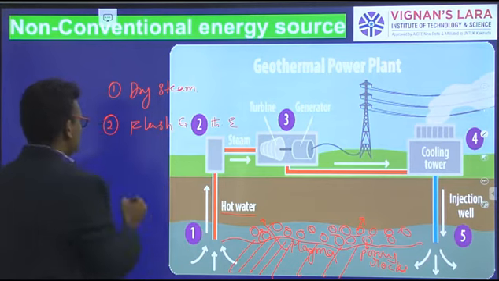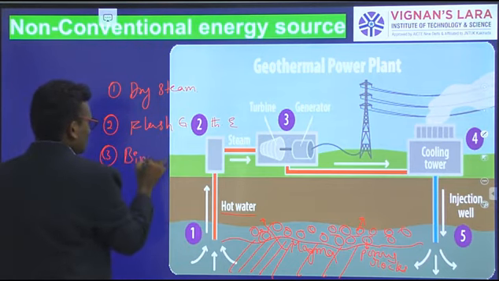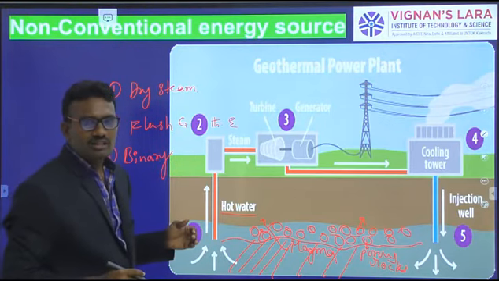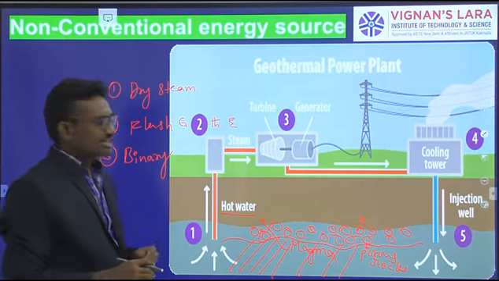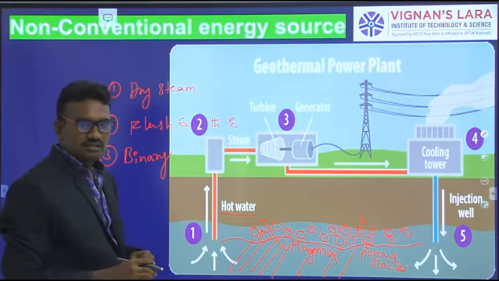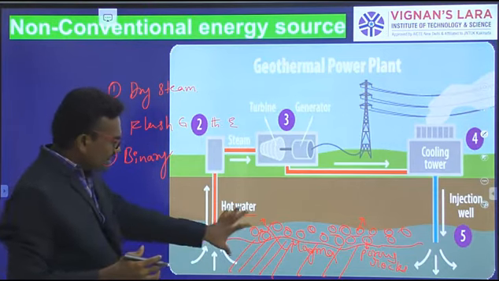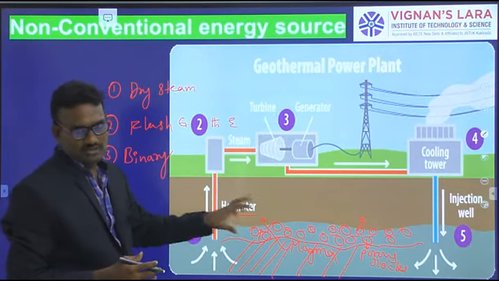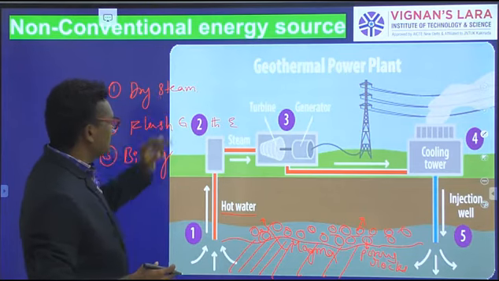And the third is the binary geothermal power plant. Three types of power plants based on the temperature.